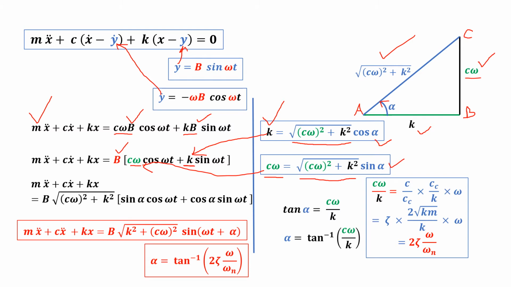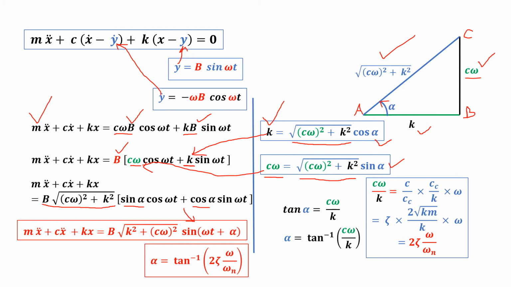The equation will be mx double dot plus cx dot plus kx is equal to b times b multiplied by hypotenuse, which is square root of c omega square plus k square. Inside is sine alpha cos omega t, cos alpha sine omega t. So basically this square bracket term is sine omega t plus alpha.